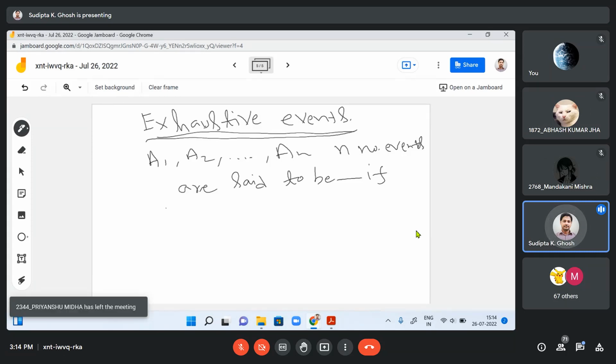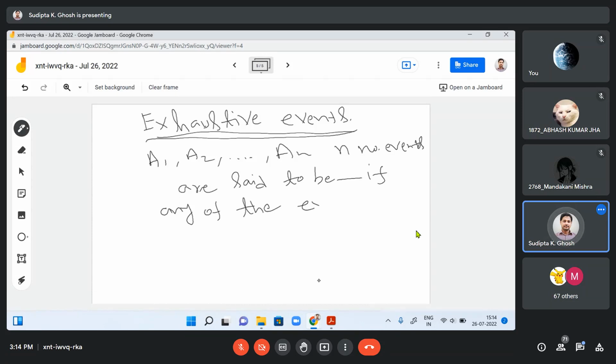any of the events definitely occurs. Any of the events must occur. That means I can also write S is equal to A1 union A2 union A3 and so on.